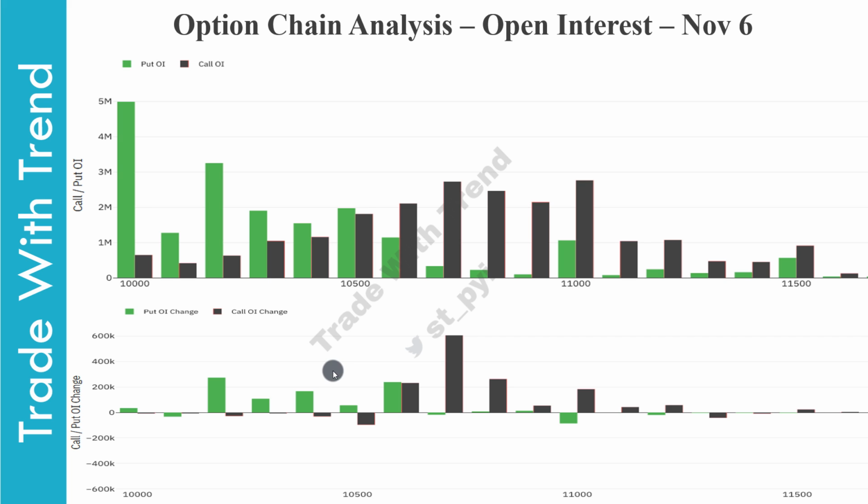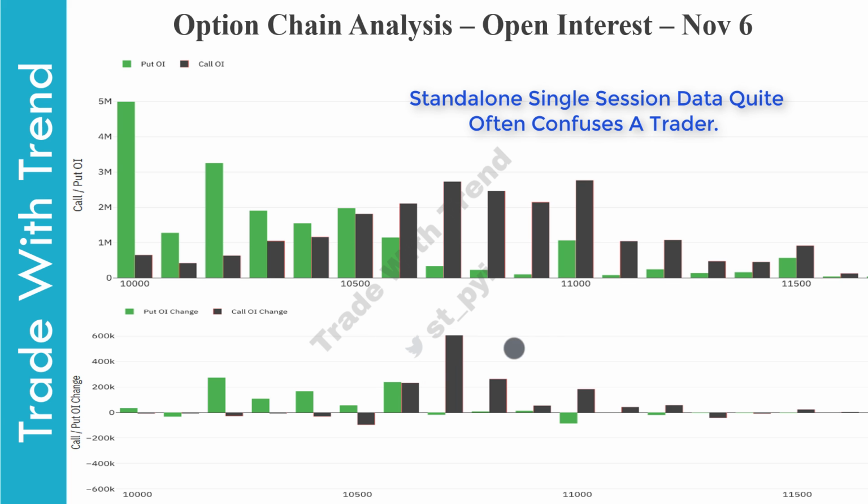As price fell, open interest addition was seen at the 10,700 call option. Now, again, on a standalone basis, this would suggest strong resistance for the market. Again, traders who are looking at this data point would be concluding that the trend might change in the market.